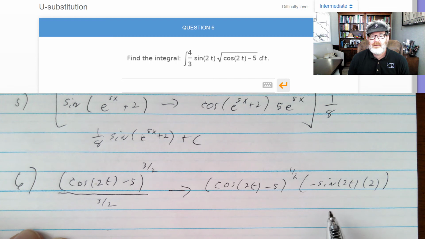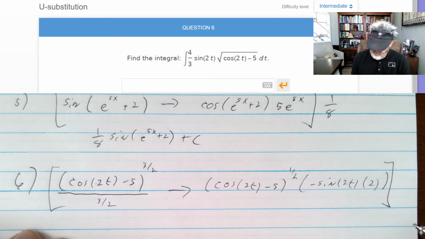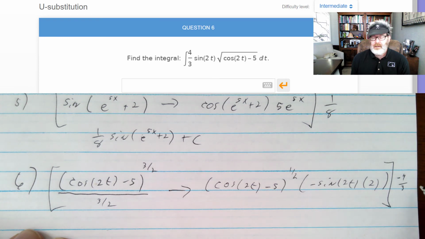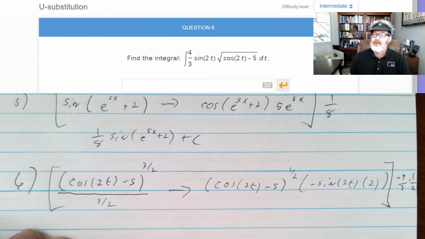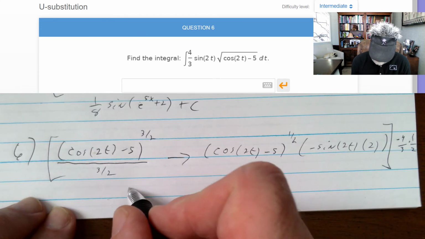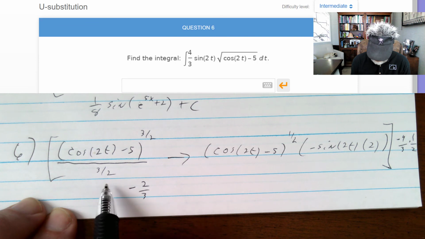So we've got the sine, but we don't have a minus, so I have to divide by a minus or multiply by a minus. So I need a -4/3, and I need to divide by 2. So it looks like I'll have a -2/3. I better double check this one. Oh, and actually I'm dividing by 3/2.